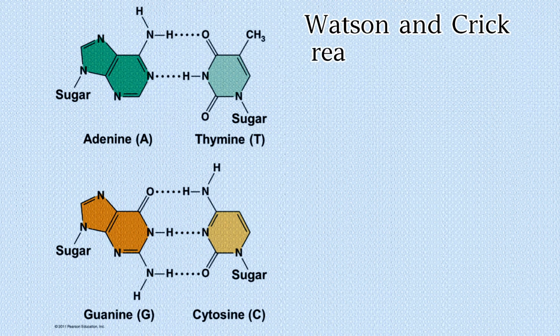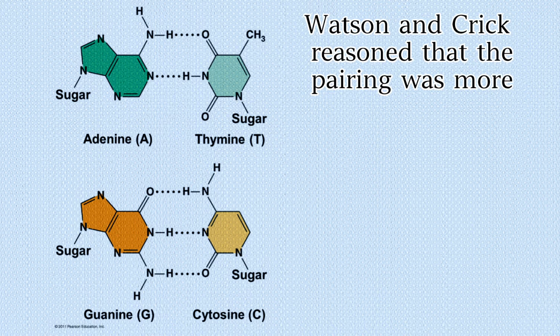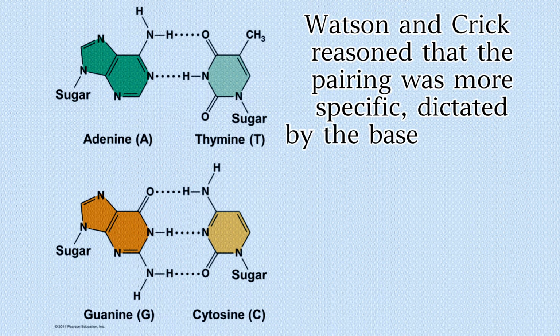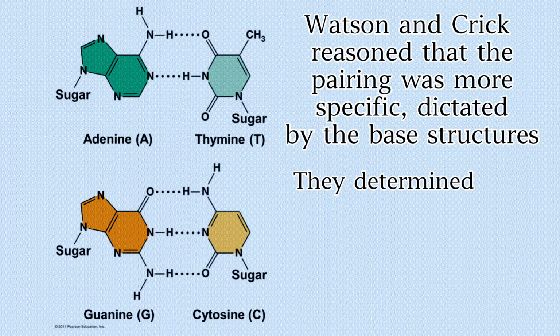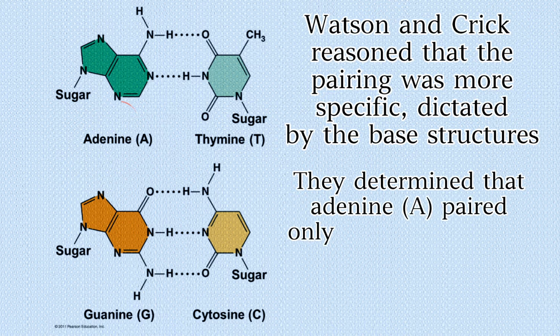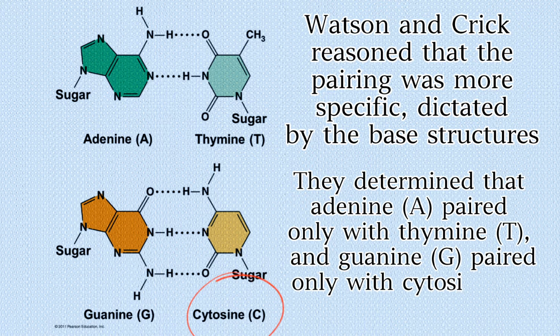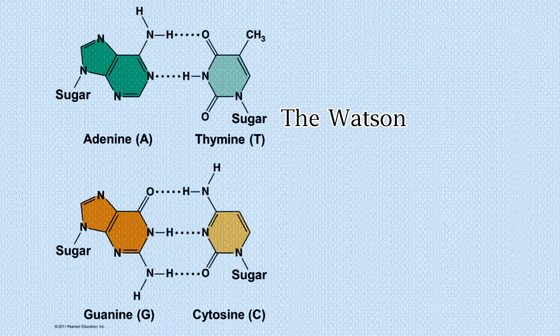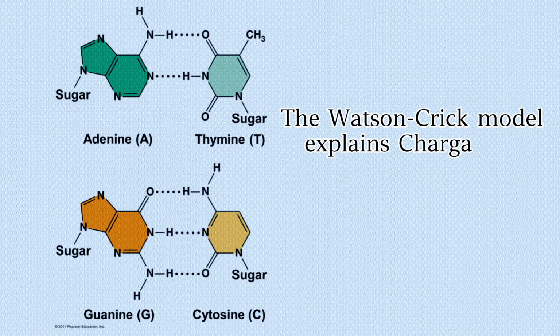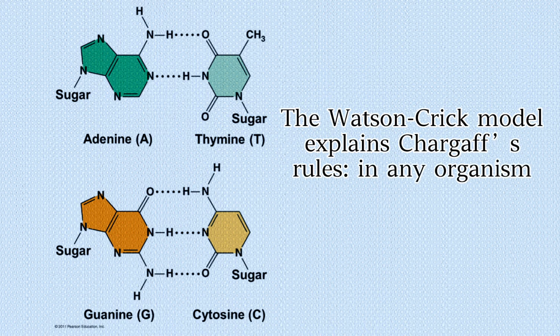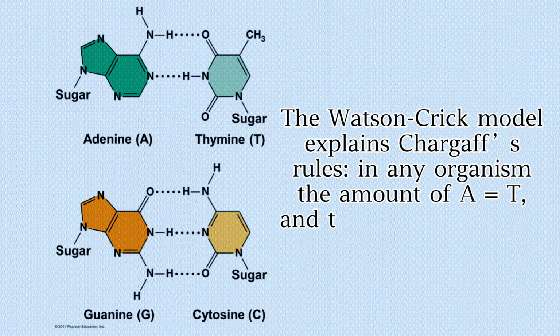Watson and Crick reasoned that the pairing was more specific, dictated by the base structures. They determined that adenine is paired only with thymine and guanine is paired only with cytosine. The Watson-Crick model explains Chargaff's rules that in any organism, the amount of A is equal to T and the amount of G is equal to C.